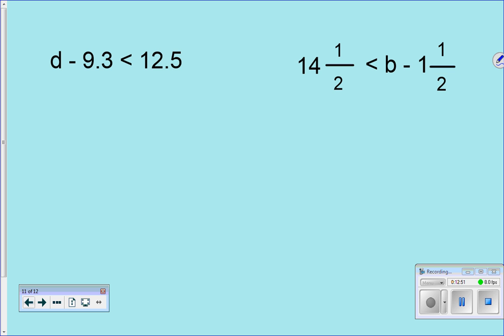I'm going to do one more with a fraction for you, just so you have another example in your notebook, because I think these are fairly easy.